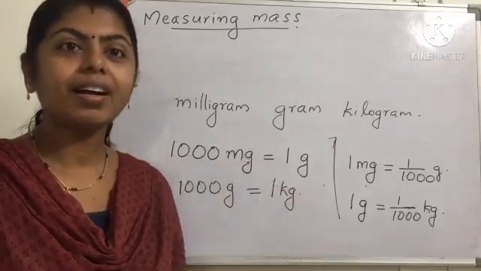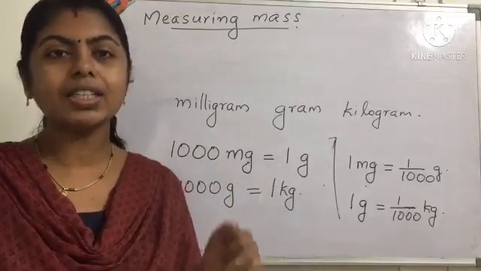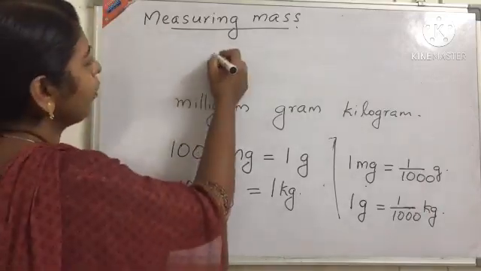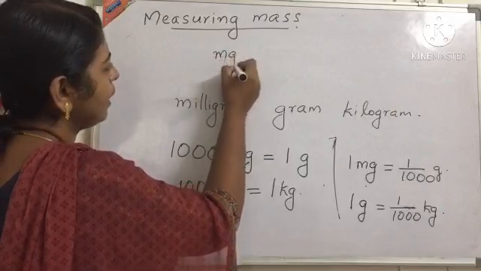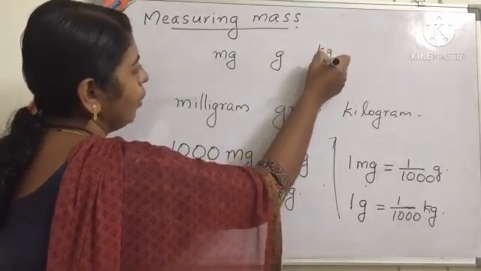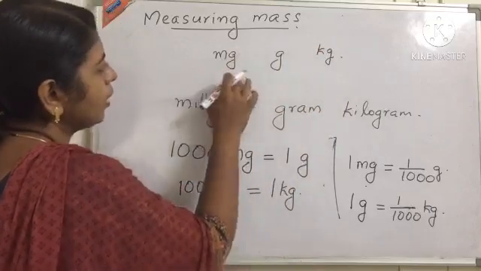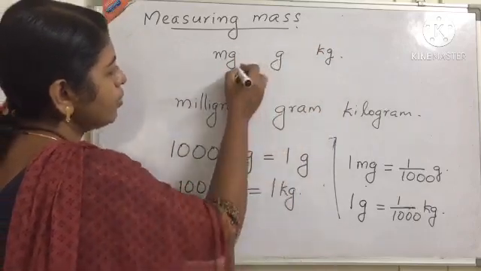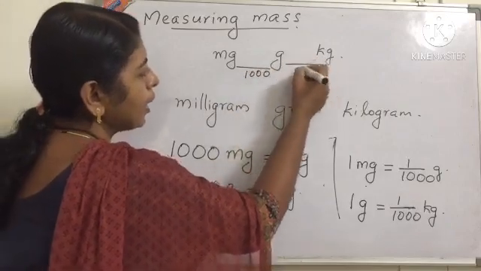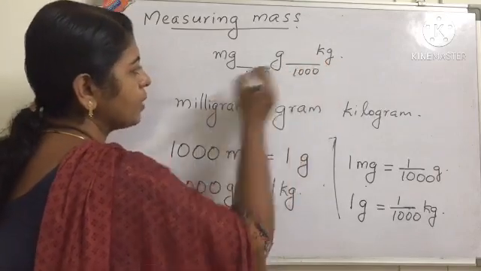Okay, but in the conversion question, we can use the other method. Here we can start from the smallest unit. Smallest unit is milligram, then gram and then kilogram. Okay, then 1000 milligram equal to 1 gram. So the gap here it's 1000 and gram to kilogram also it's 1000.